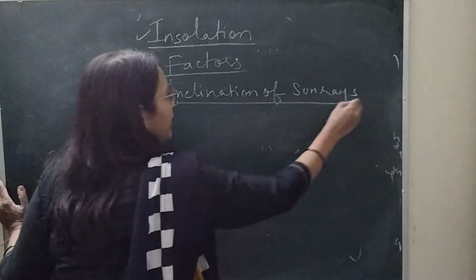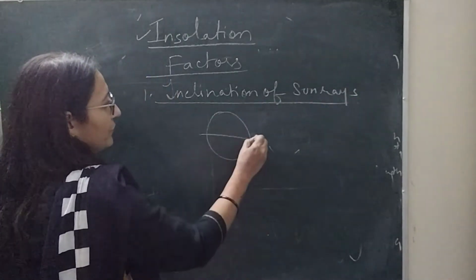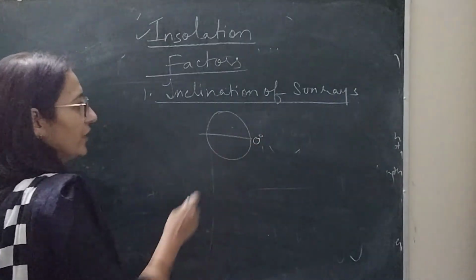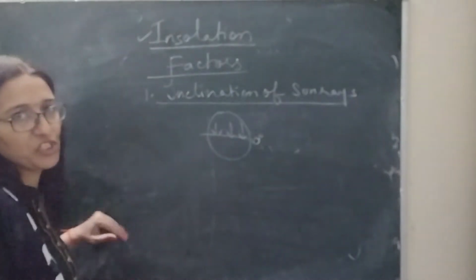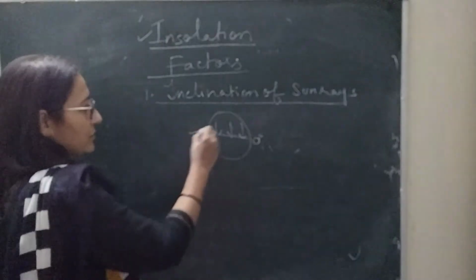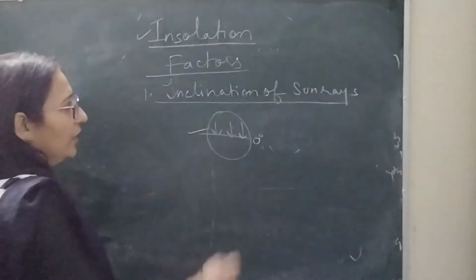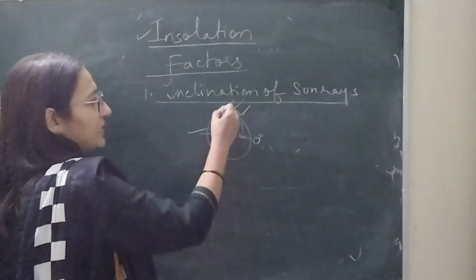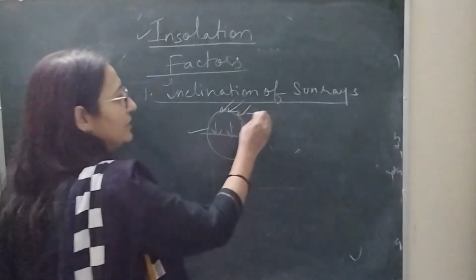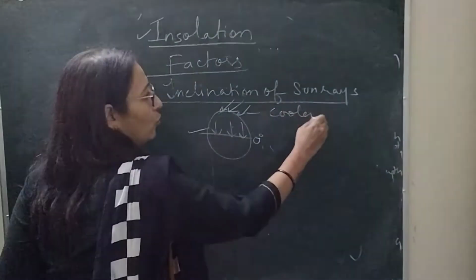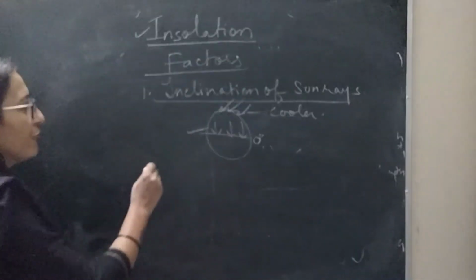Here we can say that the 0 degree equator receives direct sun rays, meaning more insolation. So this place is warmer. Polar areas receive slanting sun rays, less insolation. That means this area is cooler. This is the first point.